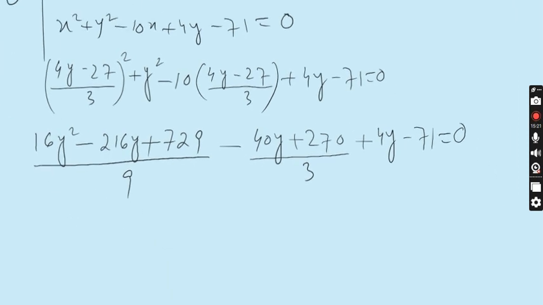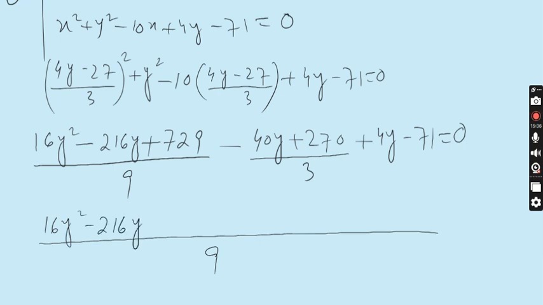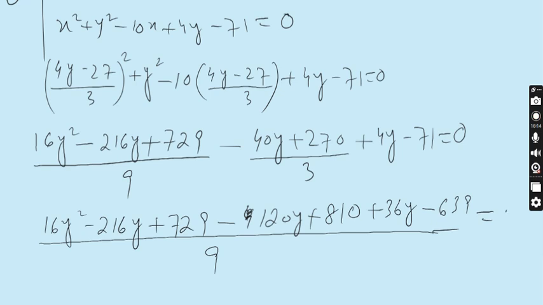Taking 9 as the LCM, it is 16y square minus 216y plus 729, minus 3 into 40 is 120y, and plus 3 into 270, it is 810, 9 times 4y is 36y, and 9 multiplied by 71 is 639, is equal to 0.